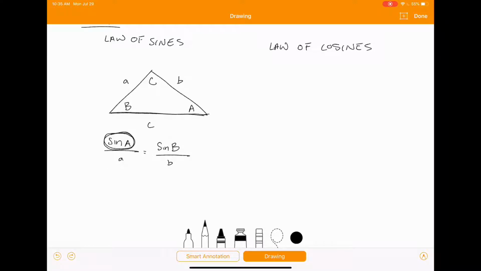So this over here could be sine C over C as well. Or it could be reversed so that these are equal as well. So again, any version of that, and that's the law of sines.